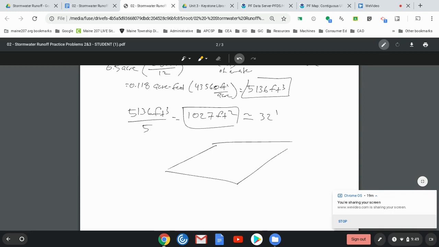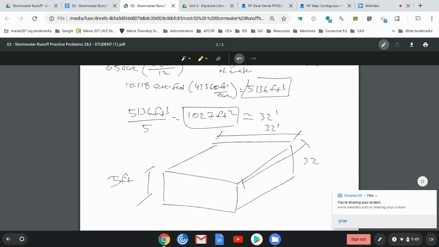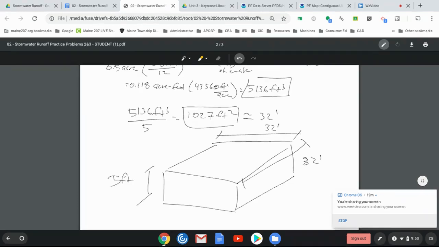The idea is, if you dug a trench or a drainage detention pond that's 5 feet deep, it would need to be 32 feet by 32 feet to hold all of the water on site temporarily until it can slowly drain into the soil or drain off site safely.